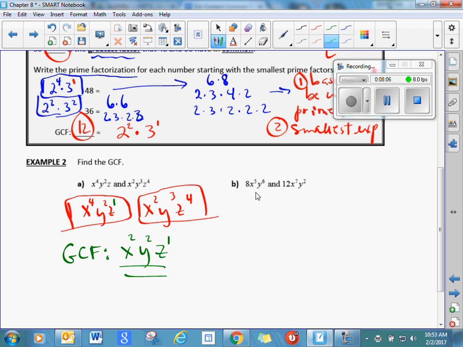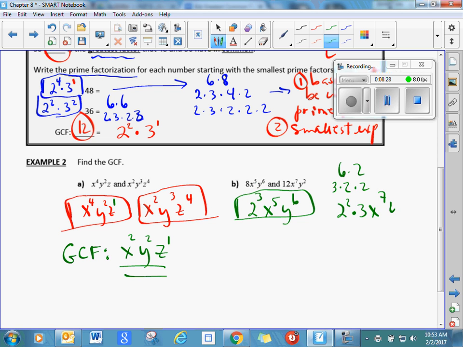If you look at the second example, we'll finish this one up really quick. I do have to do the prime factorization of 8. That's 2 cubed. X to the 5th, y to the 6th. Box it up. 12 is 6 times 2, which is 3 times 2 times 2. So that's 2 squared times 3.